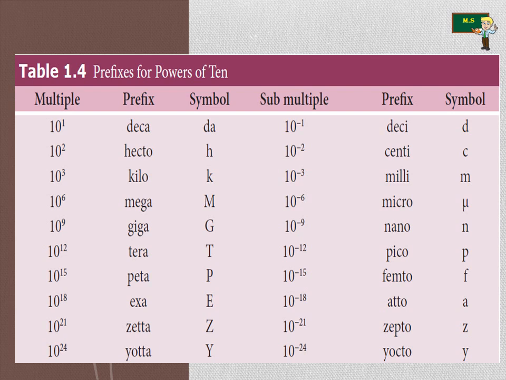Let's view some of the prefixes. 10 to the power 1 is deca, 10 to the power 2 is hecto, and 10 to the power 3 kilo, 10 to the power 6 mega, 10 to the power 9 giga, 10 to the power 12 tera, 10 to the power 15 peta, and 10 to the power 18 exa, 10 to the power 21 zetta, 10 to the power 24 yotta.